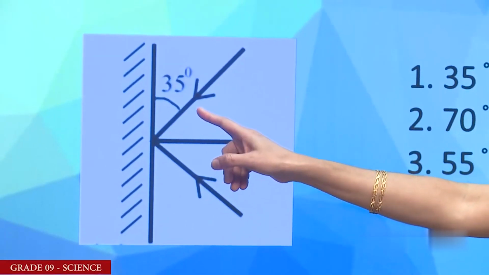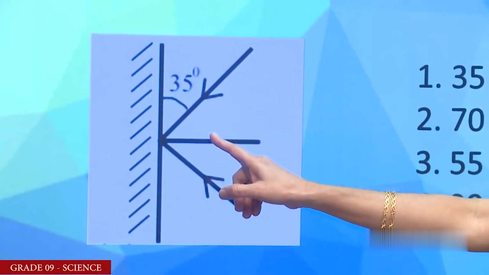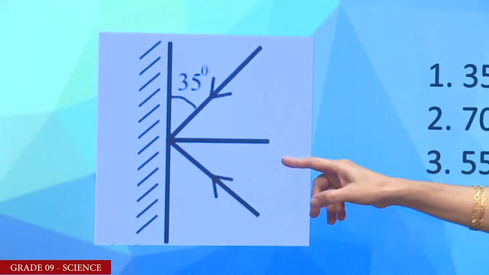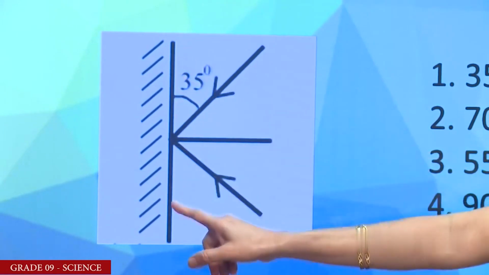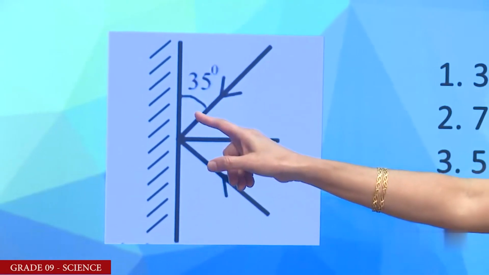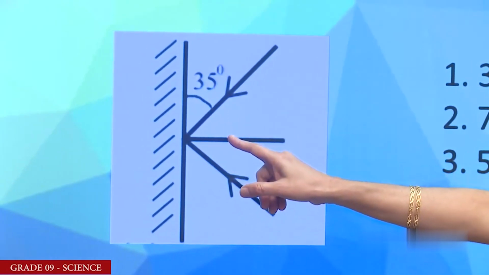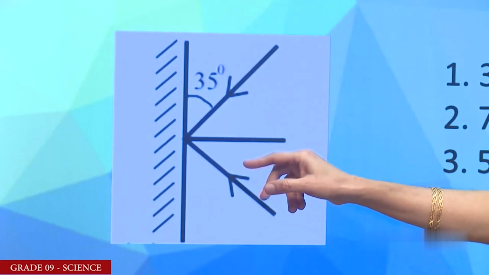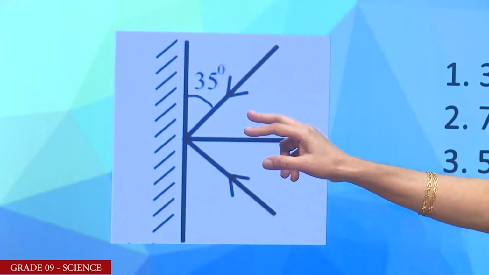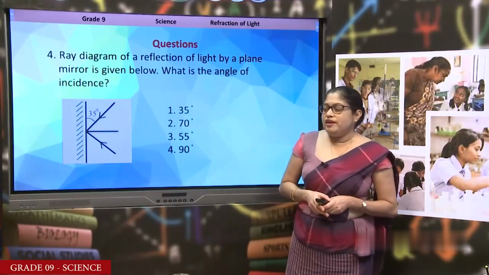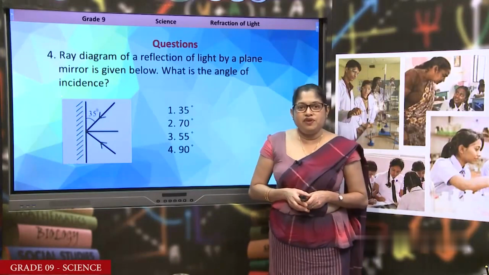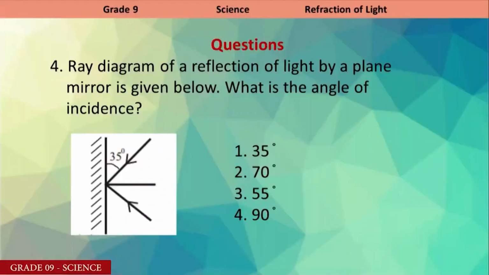So, you have to calculate this angle. This is the angle of incidence. Here, you know, this is the normal line to this surface. So, this total angle is 90 degrees. So, you have to subtract 35 from the 90. So, you will get the answer as 55. So, the angle of incidence here is 55, third answer.